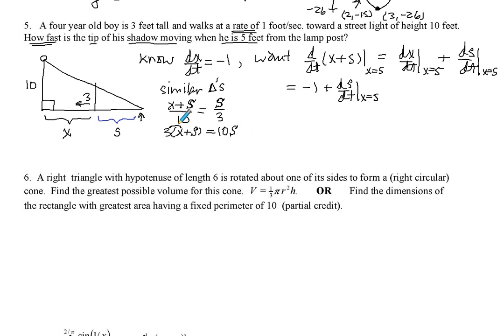So let's multiply this guy in. So we've got 3x plus 3s. And we want ds/dt, so why don't we try and solve for s here. This looks like this is not too bad of an equation to solve. So 10s on the right here. And bring the 3s over as a negative, so subtract 3s on both sides.